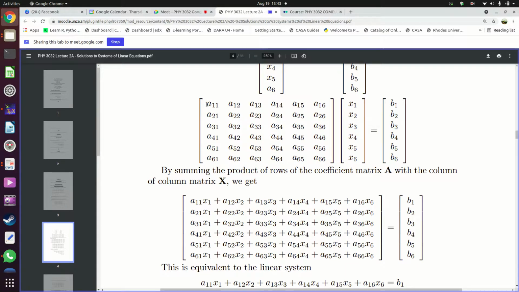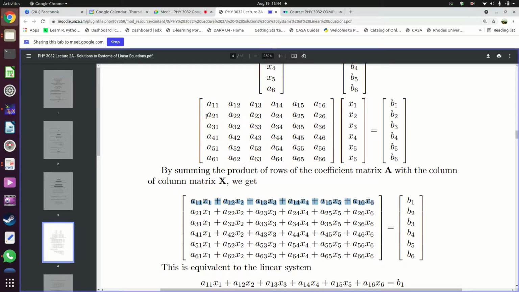When you're multiplying matrices, you multiply the row by the column, right? You take the first row and multiply it by the column. A11 multiplies X1, so you get this. A12 multiplies X2, you get this. A13 multiplies X3, A14 multiplies X4, A15 multiplies X5, and A16 multiplies X6. When you multiply the row by the column, you then add, so you're going to end up with this.